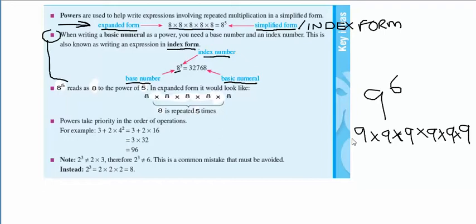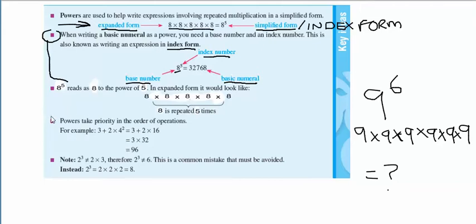That is the expanded form, and on that question I really don't know what the answer is, but that would be the basic numeral, whatever that equaled. I don't know that off the top of my head. That one is a little bit challenging. So 8 is repeated 5 times, so 8 to the power of 5, that's what it looks like.